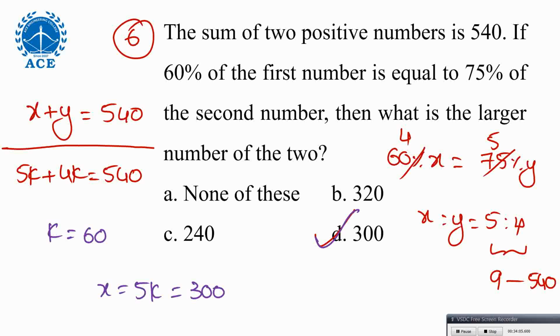So x is nothing but 300. 60% of the first number equal to 75% of the second number creates the ratio 5 is to 4. Larger number is definitely 300, smaller number is 240, but I want the larger number.